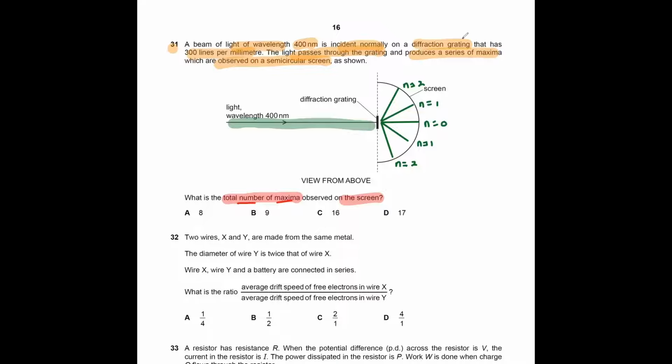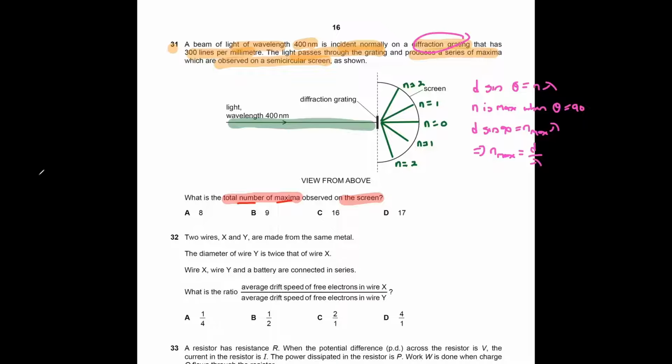So since this is a diffraction grating, d sine theta equals to n lambda, and n is max when theta is 90. So you sub in the values, d sine 90 equals to n max lambda. N max would actually just be the ratio of d over lambda.